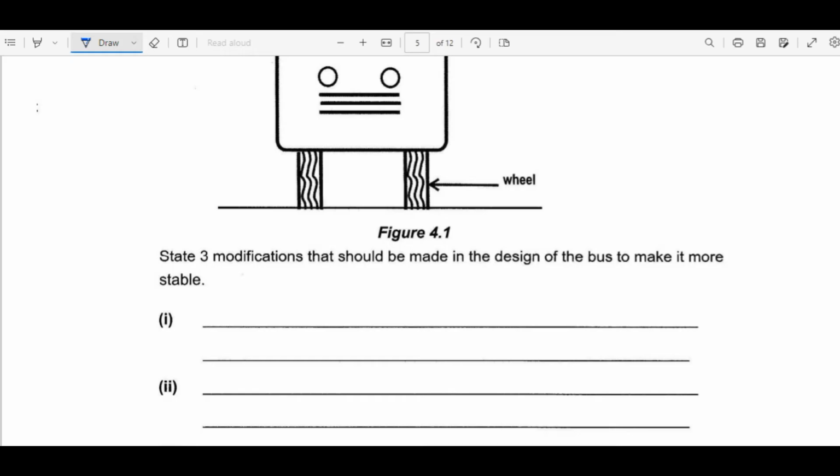So we are looking at factors that may increase the stability of an object. The first one is by increasing the base area.